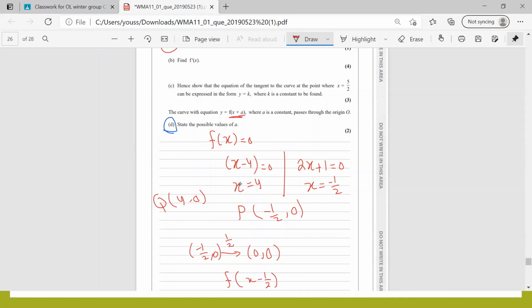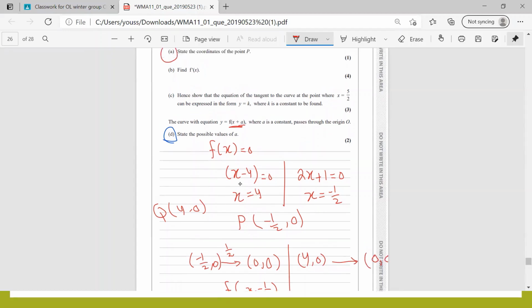This in case it would be half. And here, in case we have 4 and 0, it will go to become 0 and 0. We will move 4 steps to the left, which means negative 4. So we'll move from 4, 0 to 0, 0.